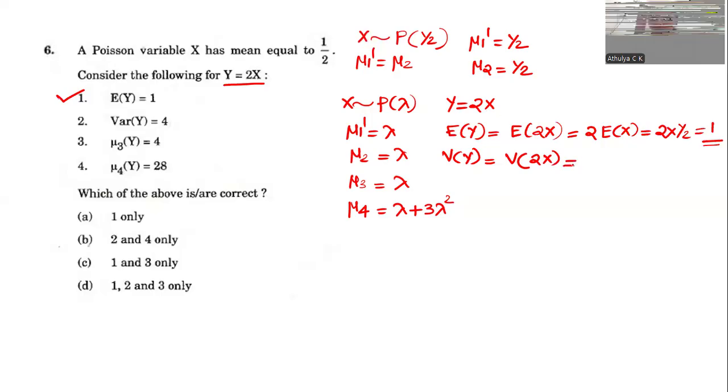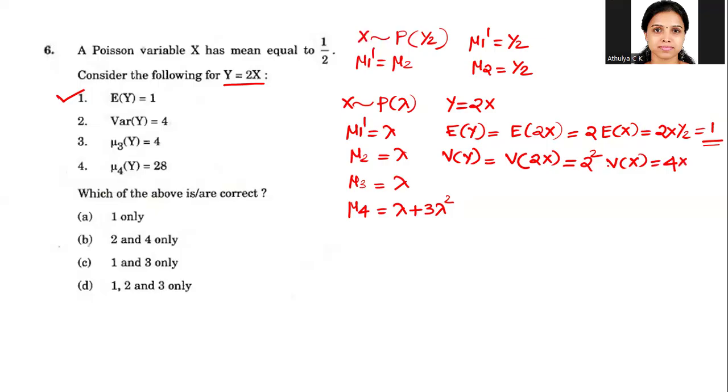That can be written as 2 square into the variance of x, so it will be 4 into the variance of x. We know that the variance of x is again 1 by 2. So 4 into 1 by 2 will be 2. We get the variance of y as 2, but in this question it is given as 4, so it is a wrong statement.